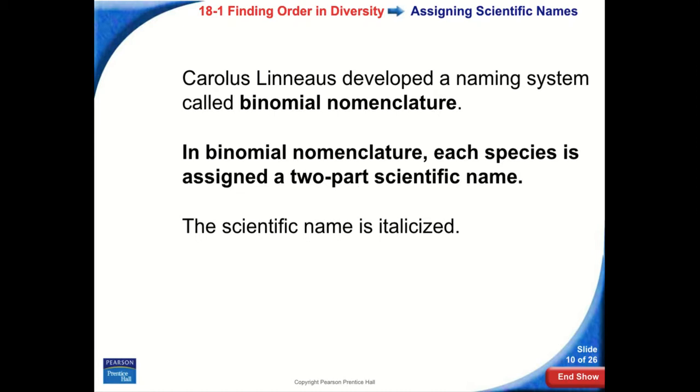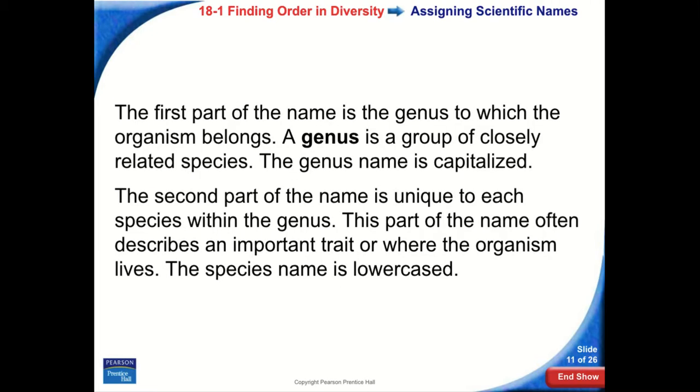Each species is assigned a two-part name, and it's italicized to indicate that it's a scientific name. The first part of the name, the first word in the name, is actually the genus, the group that the species belongs to. And this is the group of closely related species.